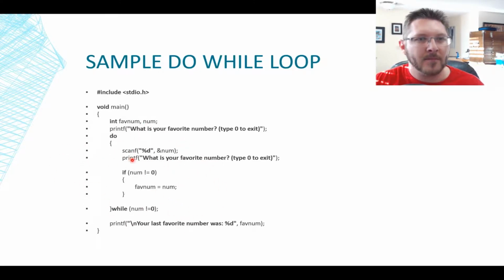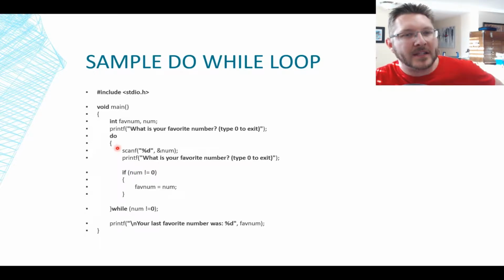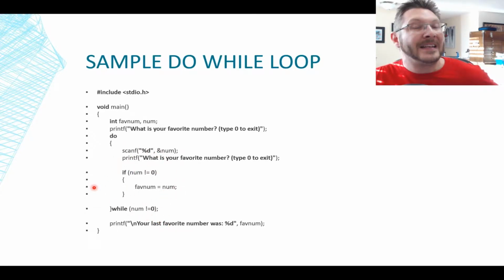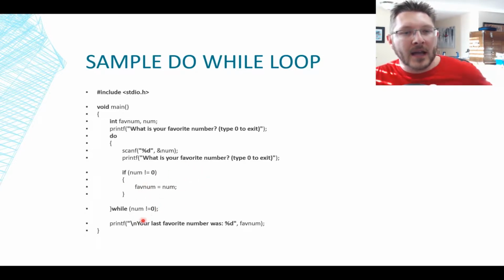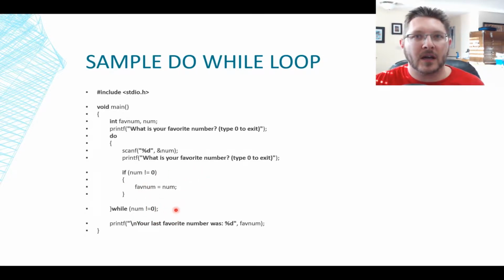So if the number is not equal, that's our not equal sign, if it's not equal to 0, that's our stipulation for ending, then we're going to store that number. And then down here, we're going to say while num is not equal to 0, because what that means is it will loop until num is equal to 0. So this will loop indefinitely, it'll keep on going until that number is equal to 0.